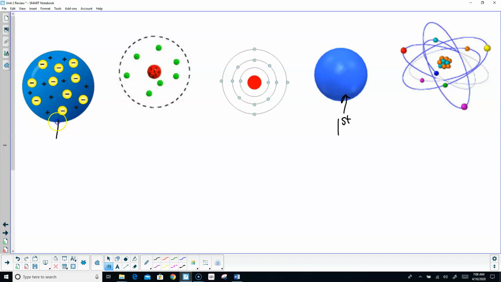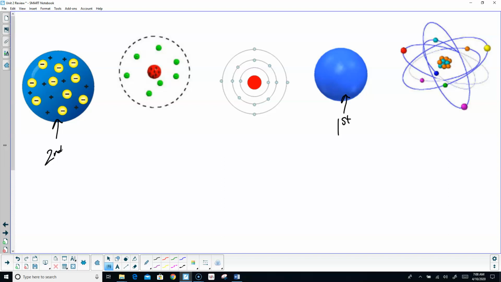Next, this is going to be the second one. So this is Thomson's plum pudding model. Okay. And so this is the first person that came up with the idea that there were things that were smaller than an atom. Okay, there were these subatomic particles. And what Thomson noticed was that he was able to detect that there was negative charges in atoms.